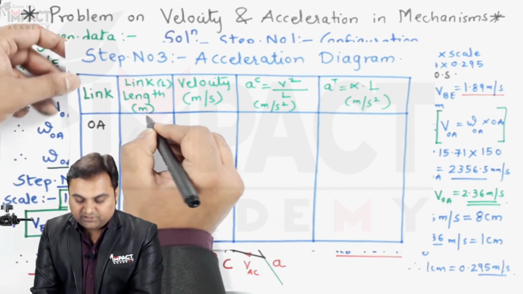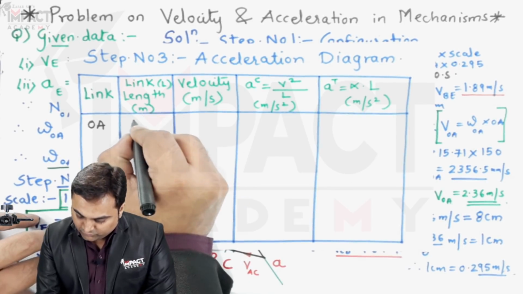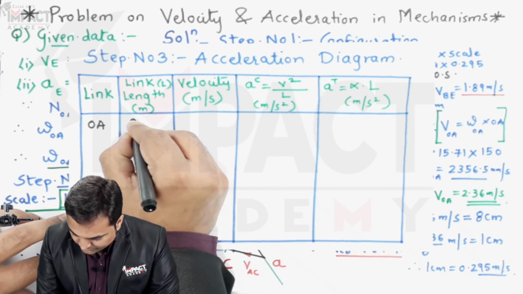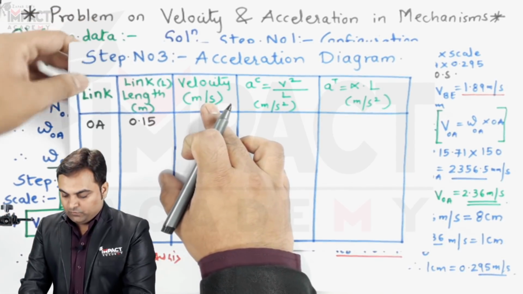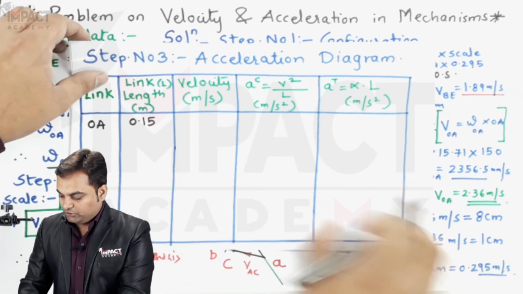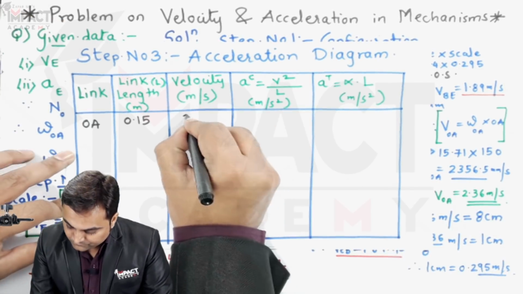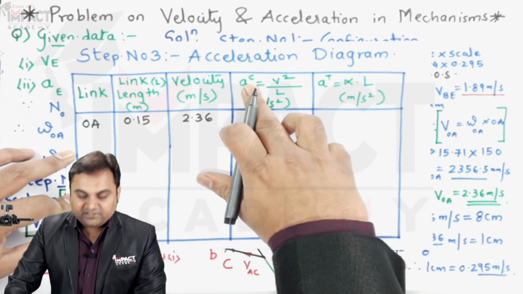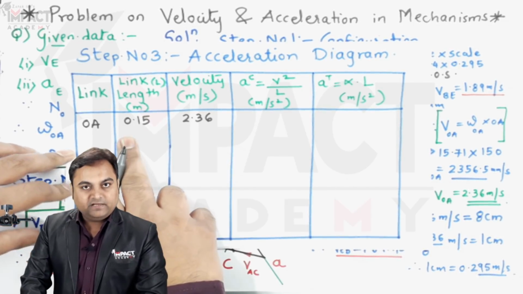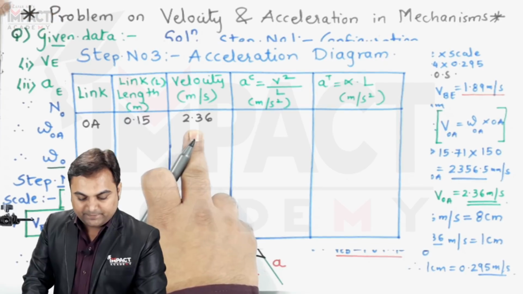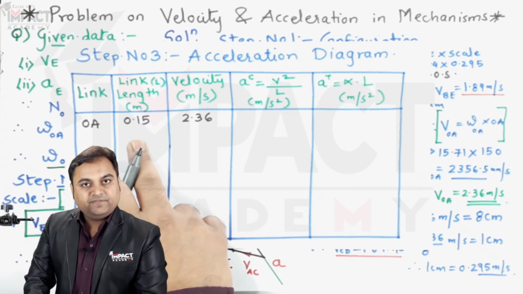Its length in terms of meter, OA is 150 mm, in meter it comes out to be 0.15. Then its velocity we have calculated, it was 2.36 meter per second. Then its centripetal acceleration, which is velocity square divided by the link length, so 2.36 square divided by 0.15.